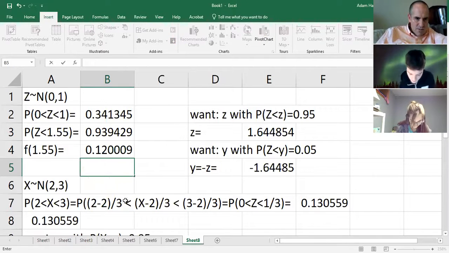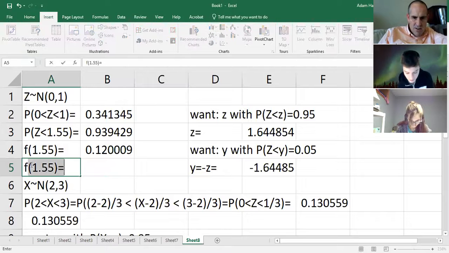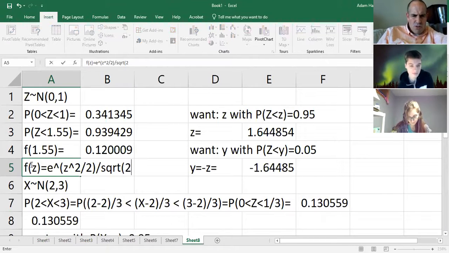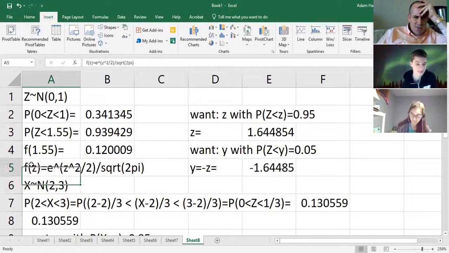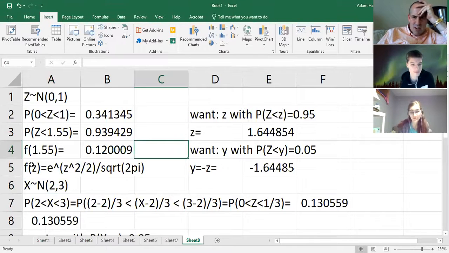It was equal to e raised to the negative z squared over 2, divided by the square root of 2 pi. That's what the density was. So watch, I'll show you that that's what this is giving.